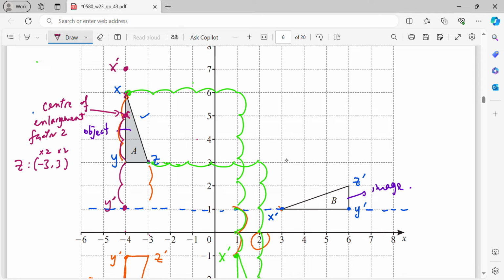Or probably I don't want to say times 2, because the center is not at (0, 0). So what to do here is, you see here is 1 unit. So when times 2, it will be 2 units. Here 1, 2. That means this is my Z.